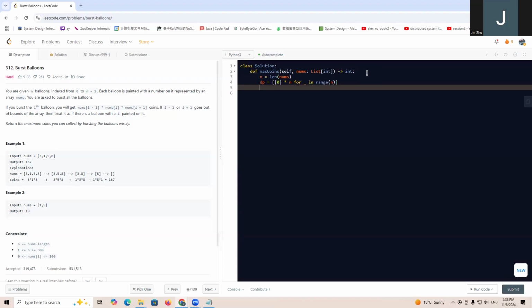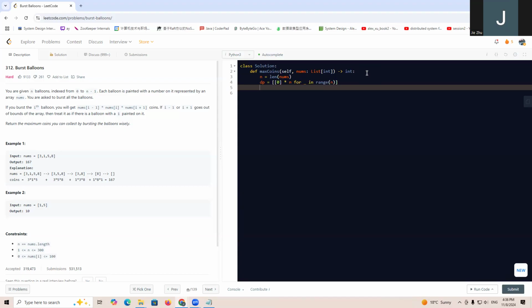Because we can iterate for length equals 0, we can consider bursting balloon i minus 1, or we can consider not bursting any balloons. Then the initial state is 0. We can also consider it like that.